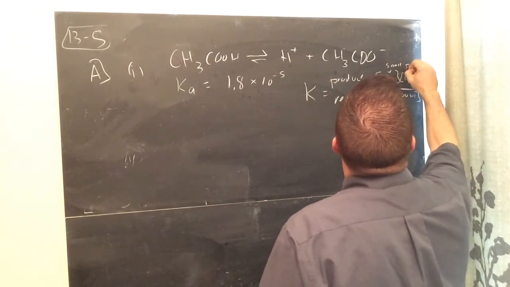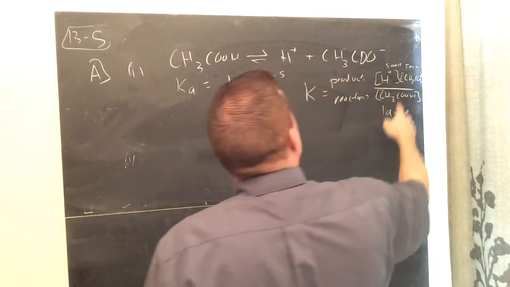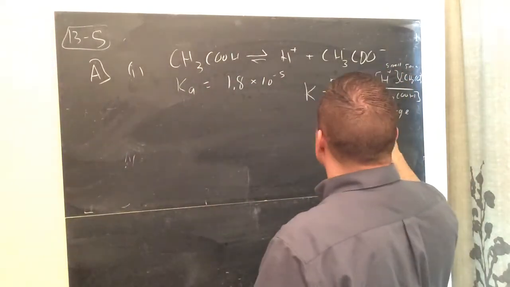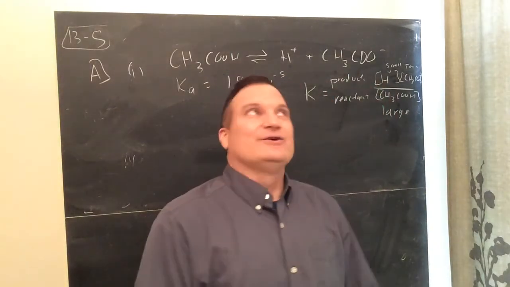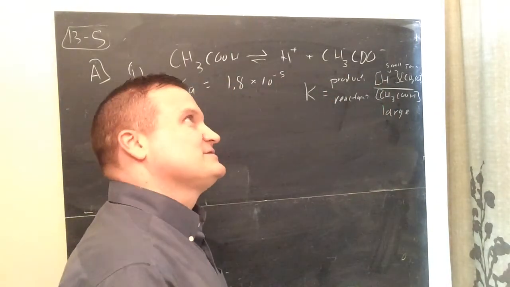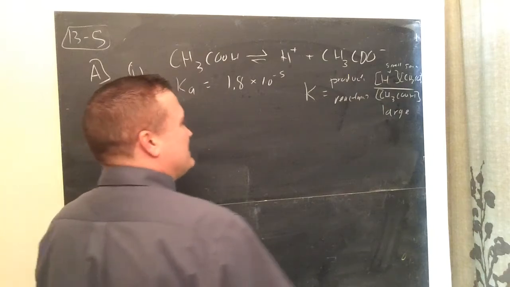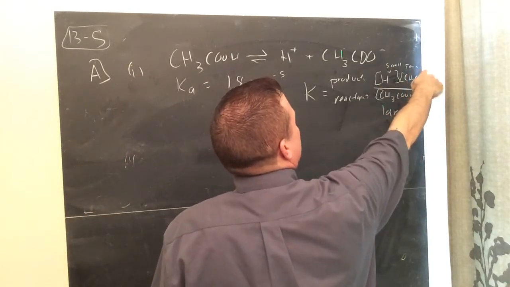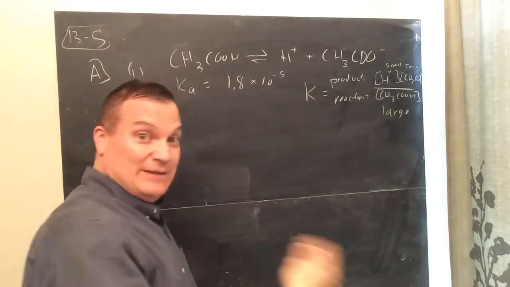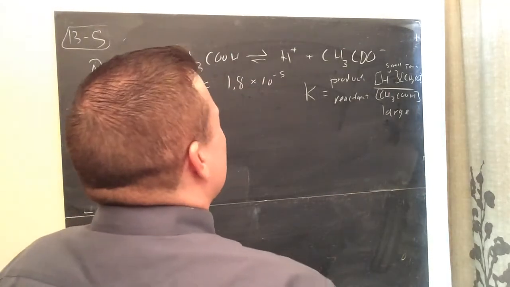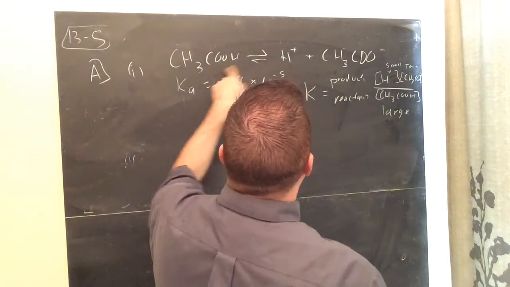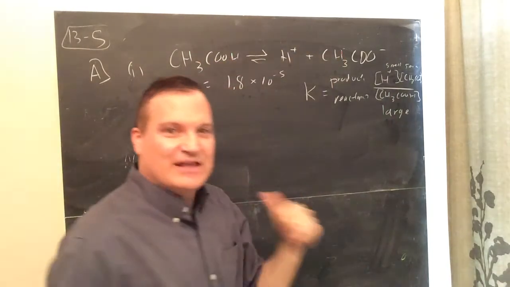Take a small number like 1 divided by 800,000, you're going to get a very small number, 0.0000008. On the other hand, 800,000 divided by 1 is a really big number. So if the bottom number is large, then the equilibrium lies to the left.